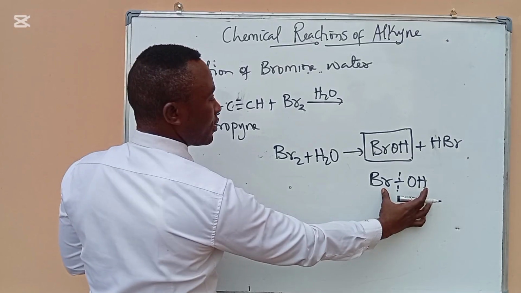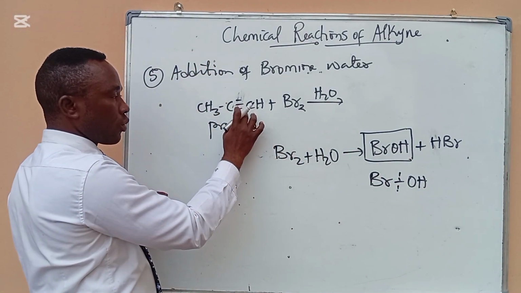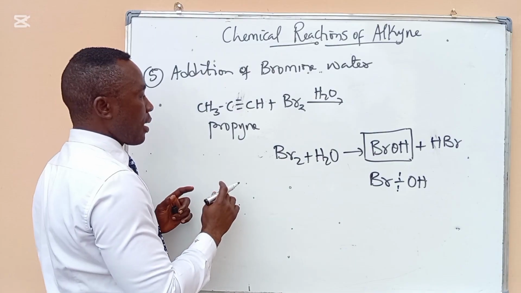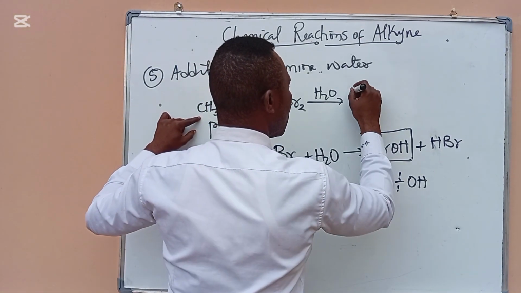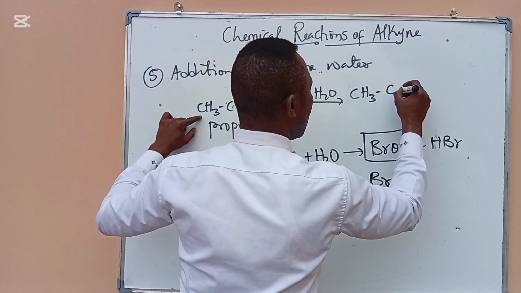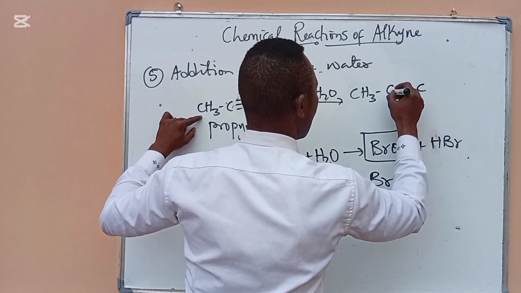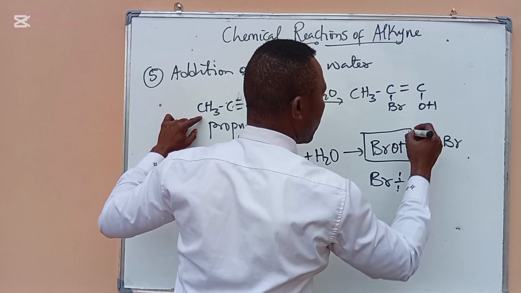One of the pi bonds breaks, so we'll have CH3, C double bond C, with a Br and OH.